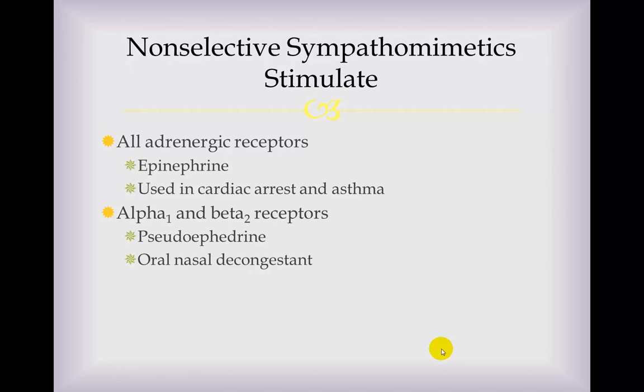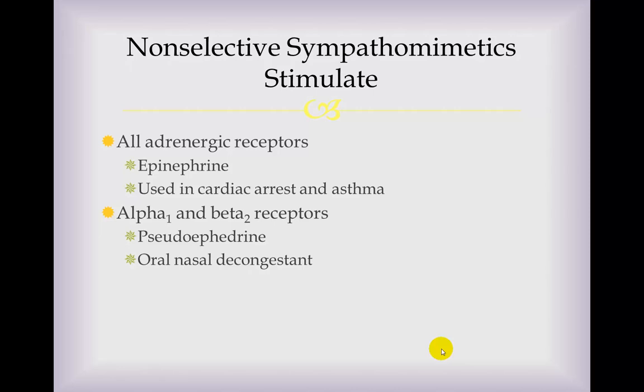And then, of course, epinephrine is used in cardiac arrest to stimulate the contraction of the cardiac muscle and to increase heart rate, and is used in asthma because it is a bronchodilator. But when used for asthma, it's going to increase the heart rate. We need to observe for that side effect.